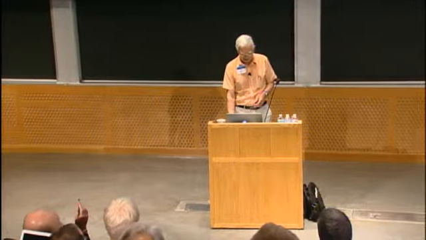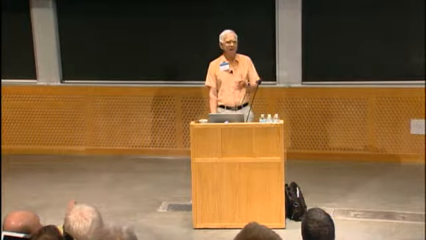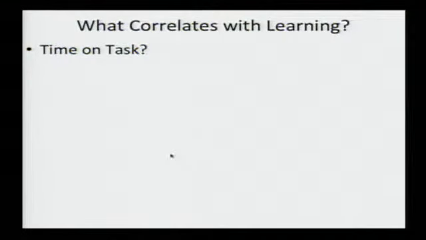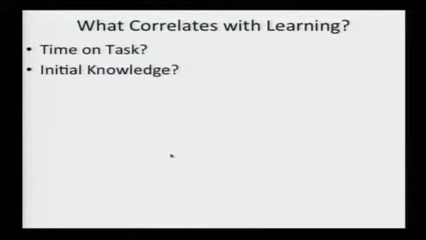It's interesting that I think implicit in this whole thing was that time on task would be a measure, right? You spend more time, you're going to learn more. Secondly, do you think initial learning matters? If you believe in constructivism, if you know more when you come in, you should learn more.